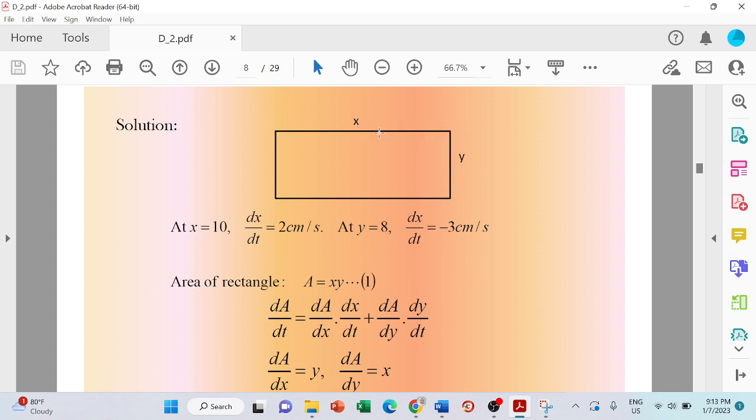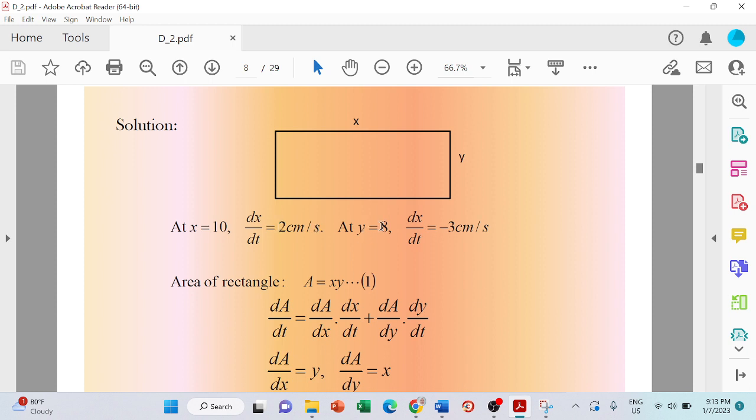Okay, x is 10, y is 8. And they give us also that x will have rate of change that is dx dt as 2 centimeter per second. They said here just now increase. Okay, so if it's increase, then your dx dt will be a positive value.